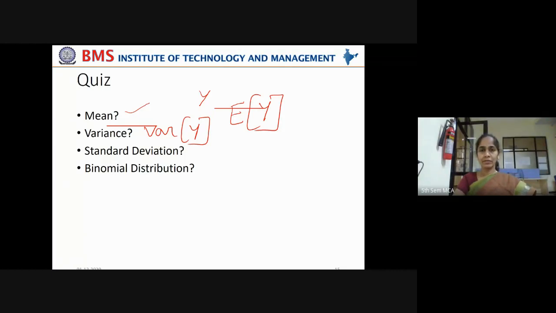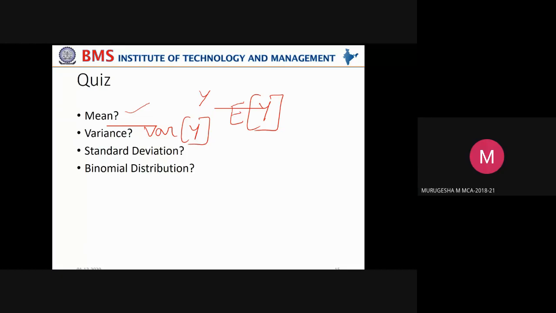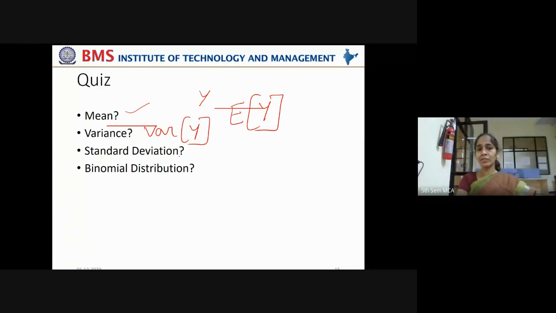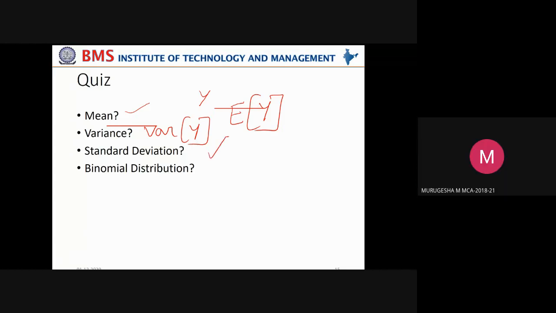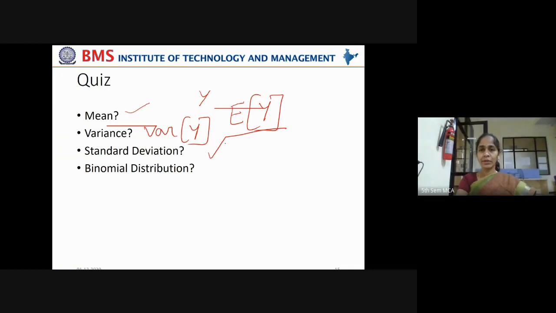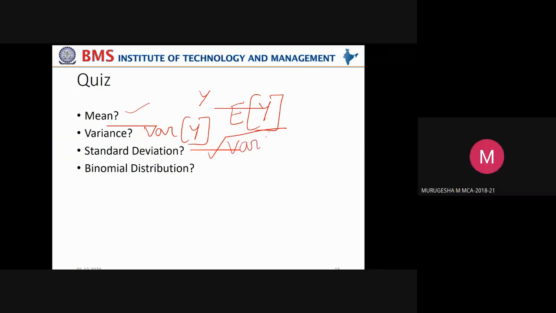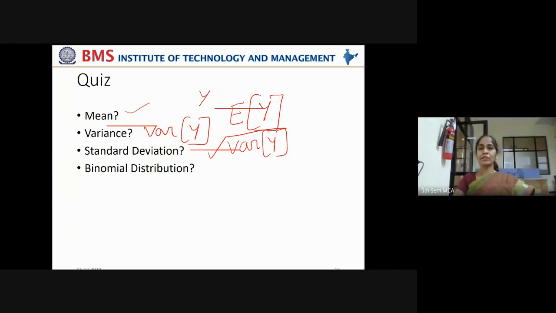How do you find the standard deviation when variance of y is given? Correct. Square root of variance of y. That will give you the standard deviation.